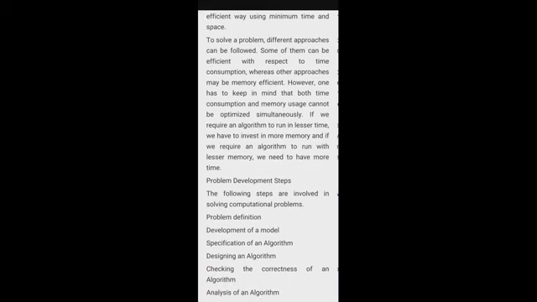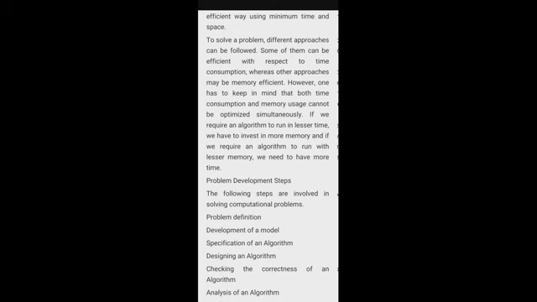Software development life cycle talks about the steps that are needed in creating a software. In the same way for your algorithm, there are steps that are needed when you want to embark on development of an algorithm.